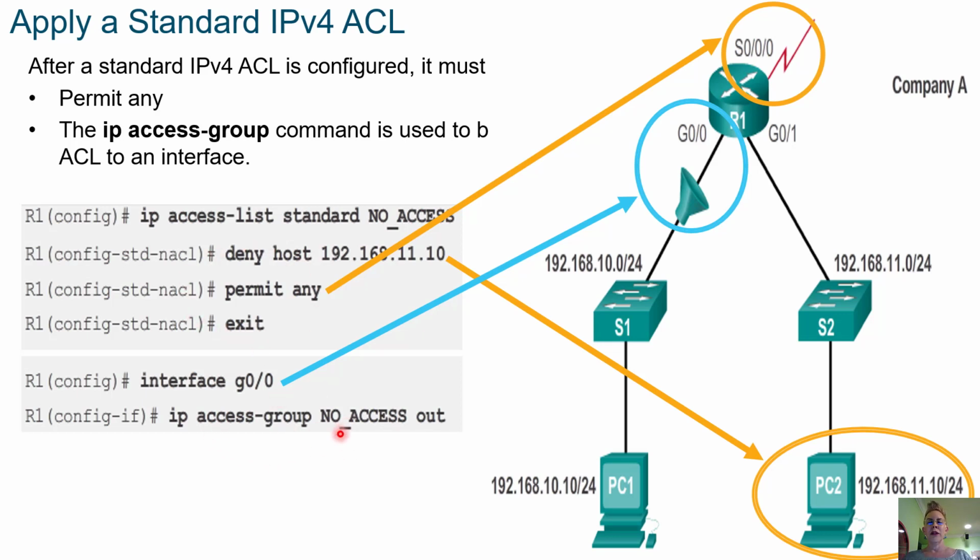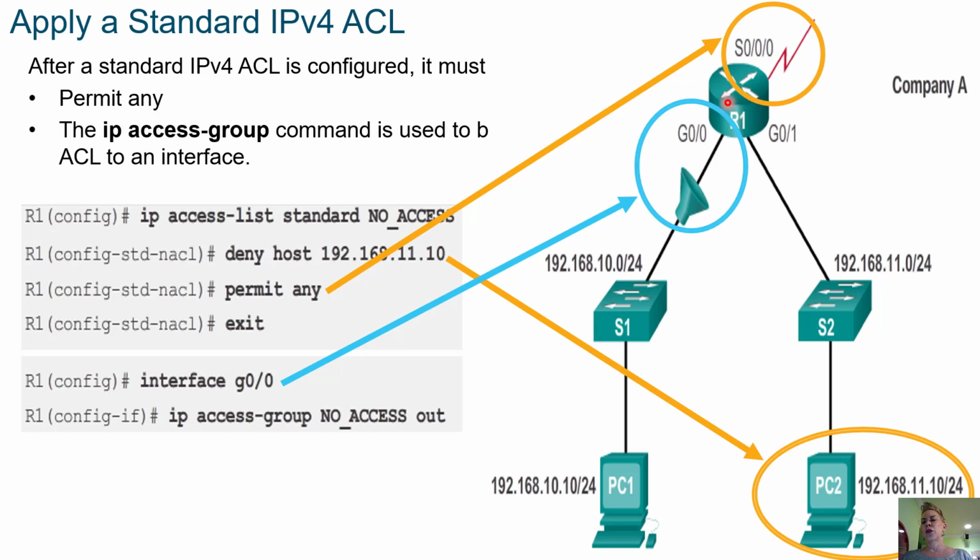Which one? The no access list. And then lastly, when do we want the interface to apply it? When something's coming in or if something's going out. In this scenario, again, remember, our packet is coming up, hitting the G0/1. I don't want it to look at it there.